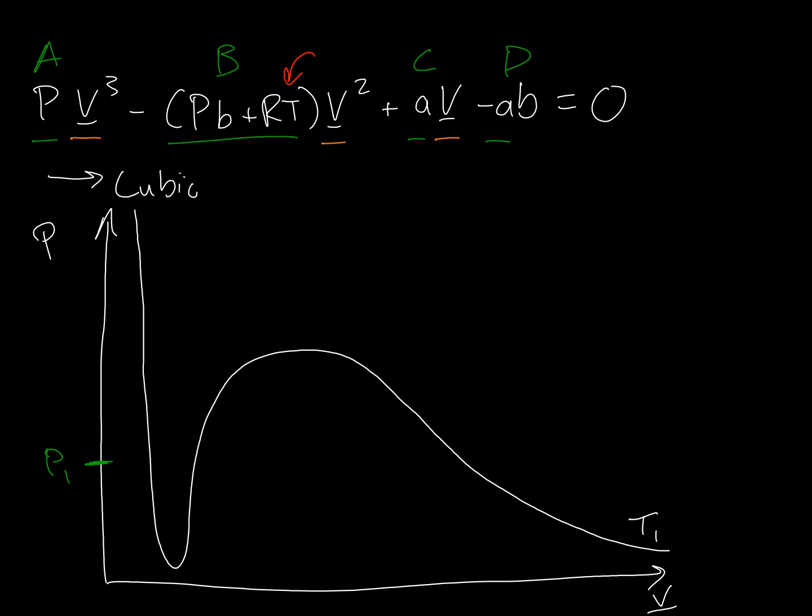Because remember, everything's a function of everything in thermodynamics. So if I want to evaluate this expression here, I have to have only two variables: one dependent, in this case pressure, and the independent variable, volume. So I have to fix the temperature if I want to evaluate this equation. That's why we use these isotherms.